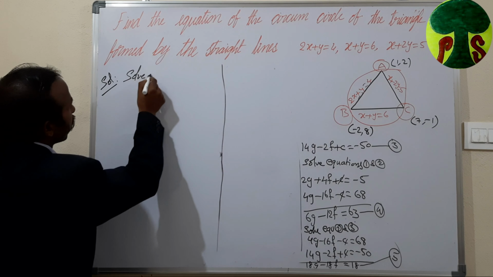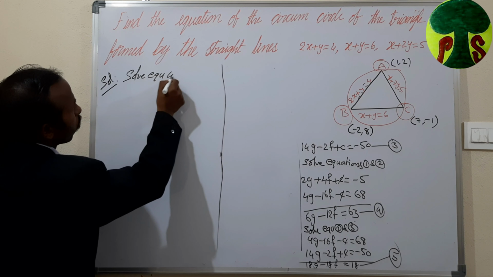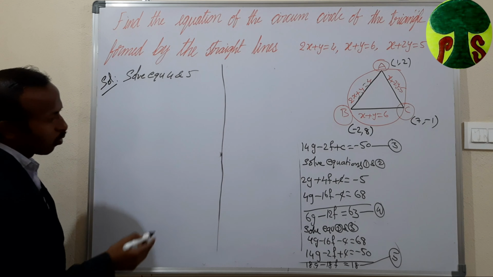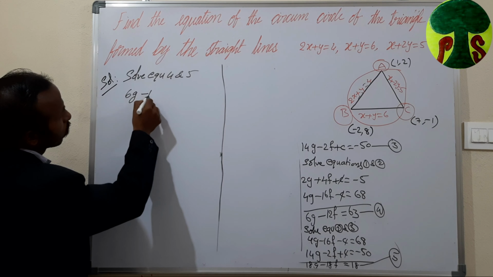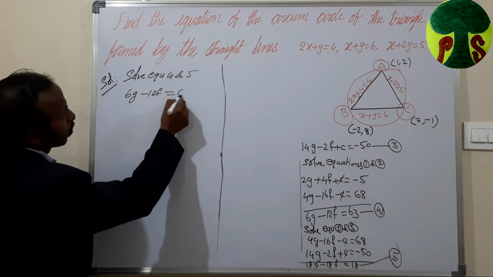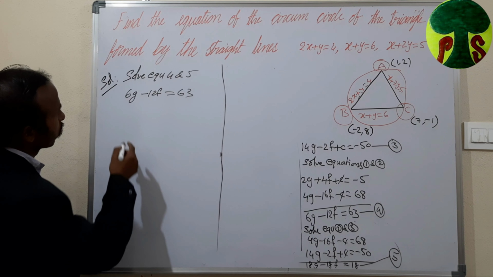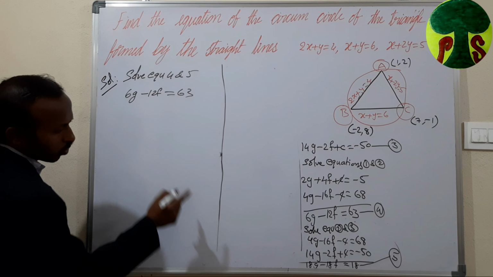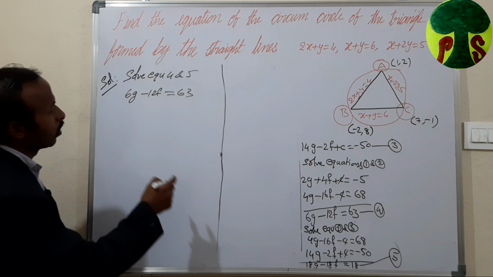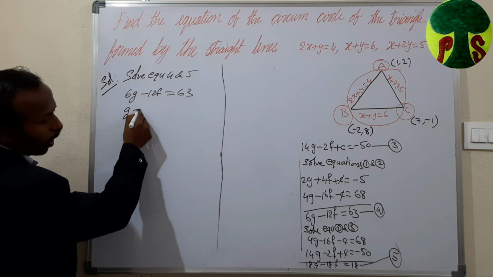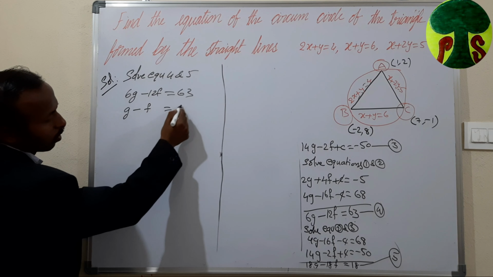Solve equation 4 and 5. Here the fourth equation is 6g minus 12f equal to 63. What is the fifth equation? That is 18g minus 18f equal to 18. Throughout I am taking 18 common, so that becomes g minus f equal to 1.